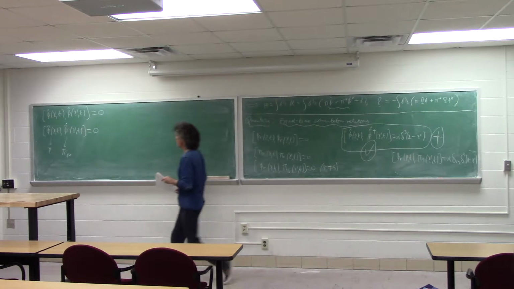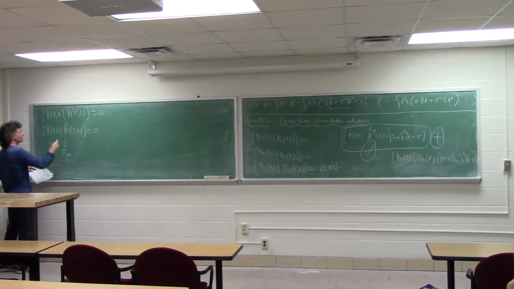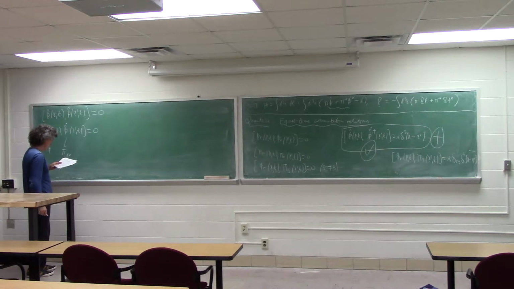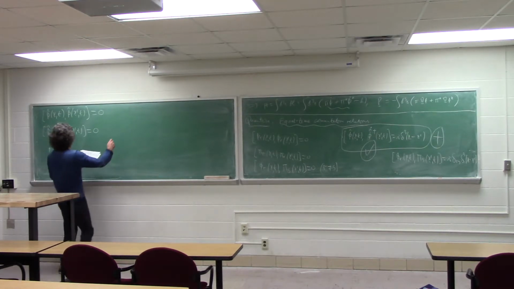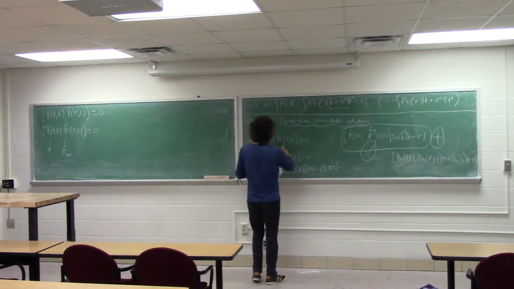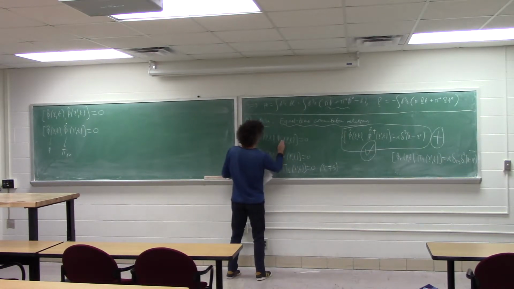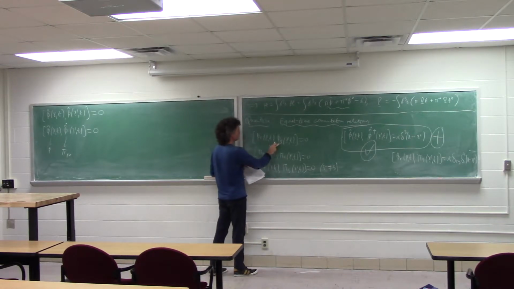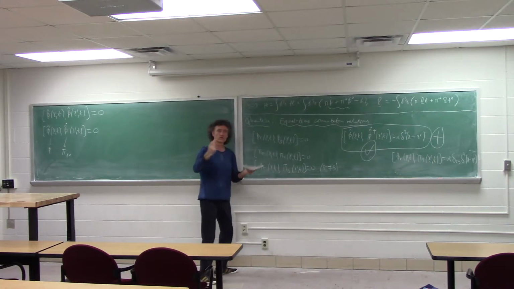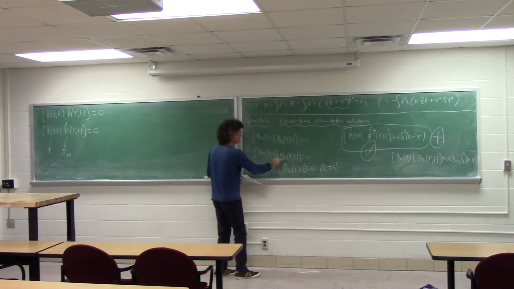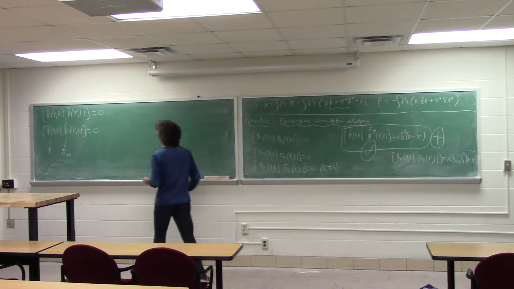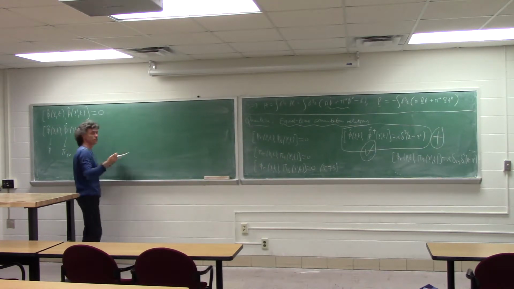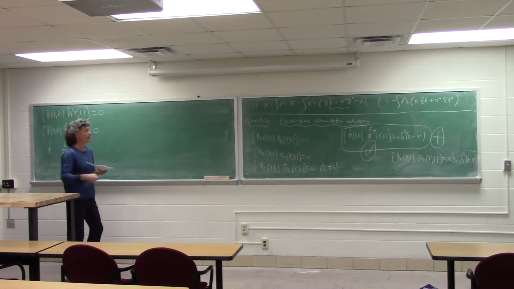So phi hat and phi hat dot commute, because this is the canonical momentum for phi star, and this is the field phi, so they commute. In fact I should have written it like this, sorry. The field commutes with itself, different fields also commute, and different canonical momenta also commute.